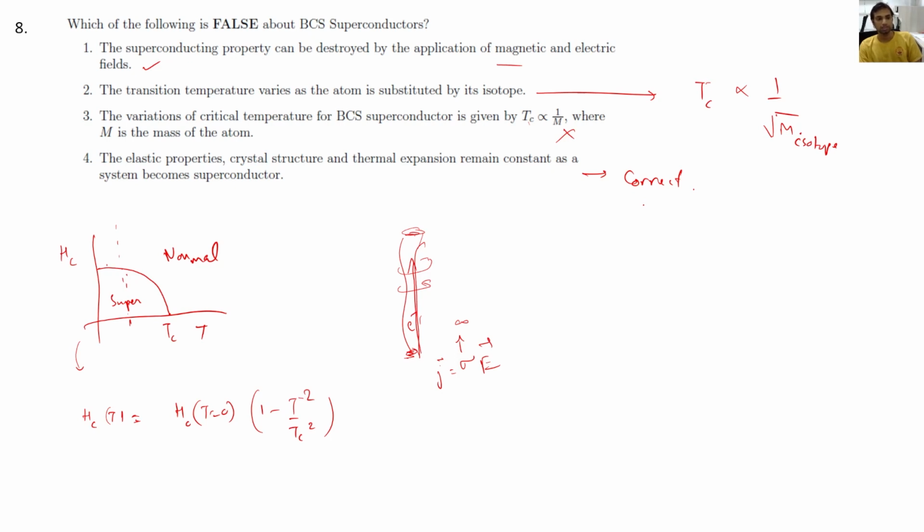So the elastic properties, the crystal structure, thermal expansion, these are mostly determined by the crystal structure. And since that crystal structure is not that much affected, all these properties don't change significantly. So this statement is correct. They remain constant.